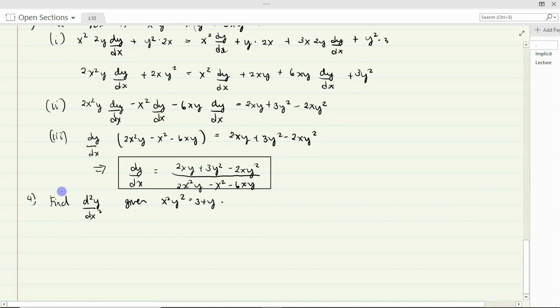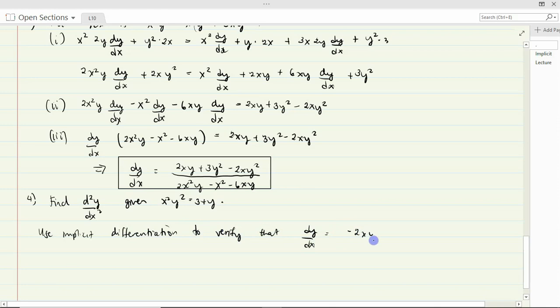Now, gusto natin second derivative of y with respect to x. So, kailangan pa natin yung first derivative. Sa first derivative, gagamit tayo ng implicit differentiation. So, use implicit differentiation and I leave it to you to verify that dy dx, or the first derivative, is given by this quotient.